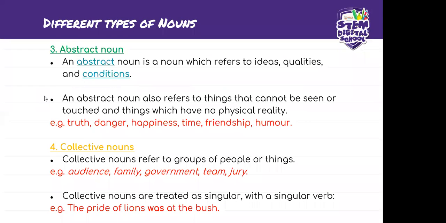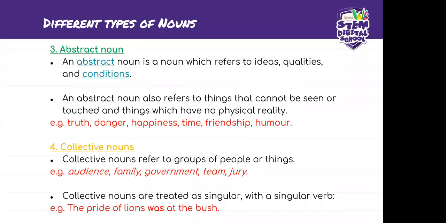Then we have abstract noun. An abstract noun is a noun which refers to ideas, qualities, and conditions. Remember, an idea is something that is in your head.